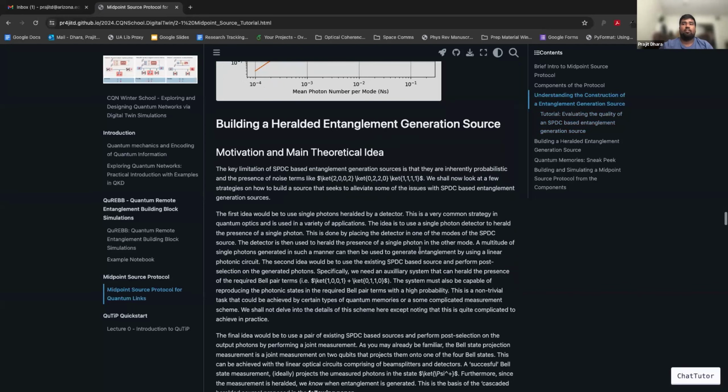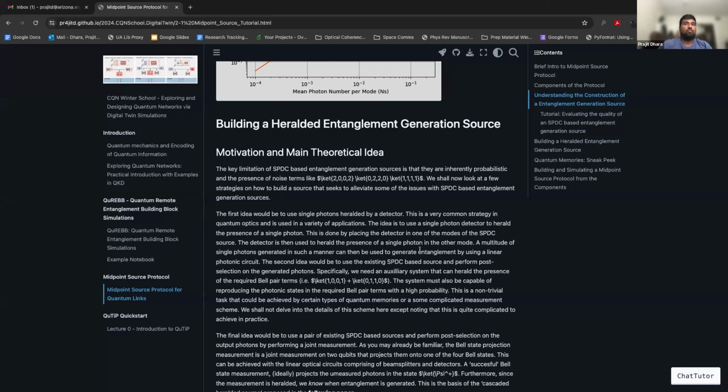One very common way that people have suggested in many forms and iterations is: why don't we just use single photons and some linear optical circuit to generate entanglement? This is smart because you can detect a single photon from a single SPDC source by just detecting whether the idler mode or the signal mode has a photon, so the undetected mode has a single photon or not, up to your detector's noise.